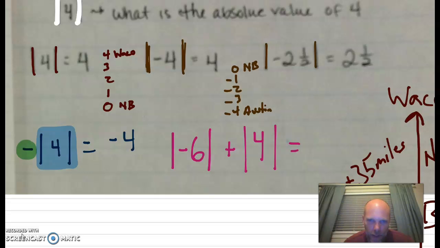What is the absolute value of -6? How far is -6 from 0? It's 6 away. How far is the absolute value of 4 from 0? It's 4 away. So you do 6 plus 4, and that's 10. So don't let that confuse you, because we do this all the time.